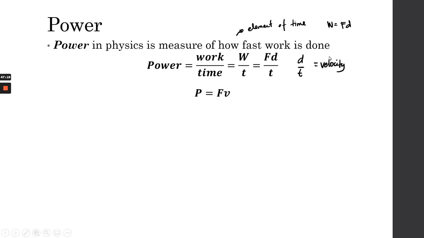So power is force multiplied by velocity. The product of force and velocity is power. And the unit we use for that is watts, and we use capital W to denote the unit.